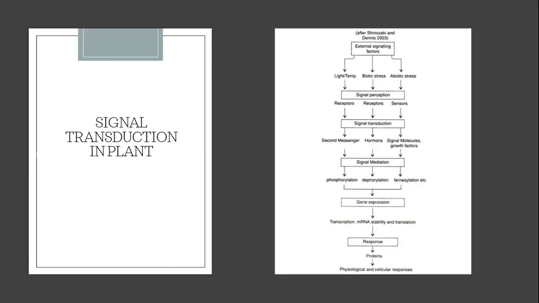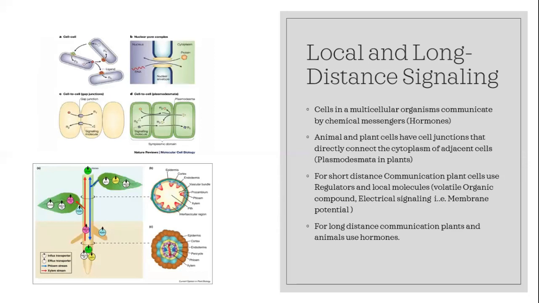So after understanding the outline of signal transduction, let's go to the next point, that is how signal transduction takes place. Now, as we know, signal transduction starts with perception of signal and ends with the formation of a particular cellular response. It is not always that the signaling molecule is perceived by an organ, and in that organ only the response takes place.